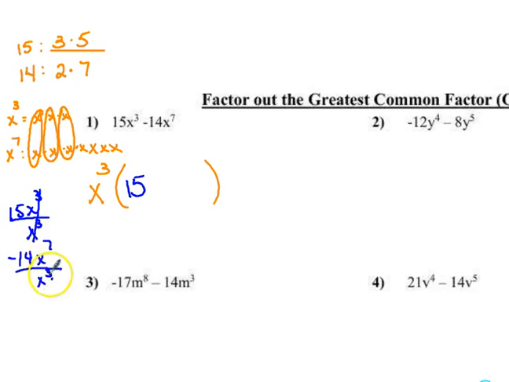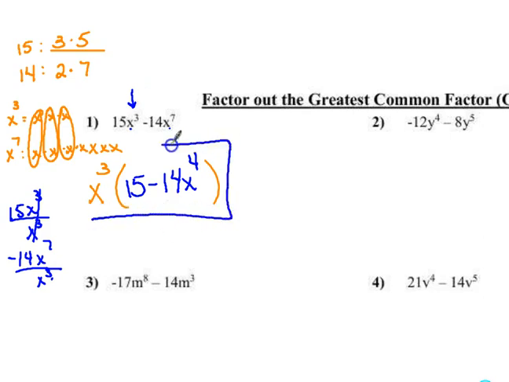When we divide, we subtract. This ends up being negative 14x to the 4. When you're looking, we will always take the smallest amount of x's, or of that particular letter, out of an expression to factor it. This would be my answer.